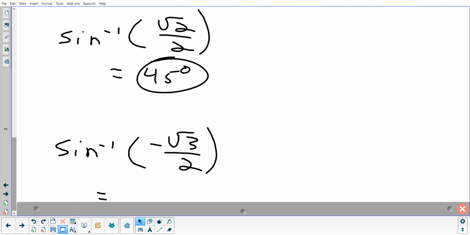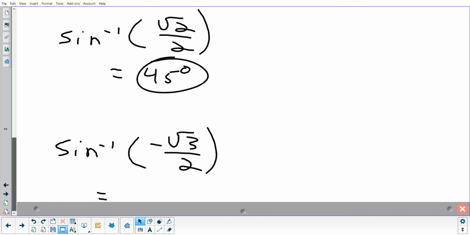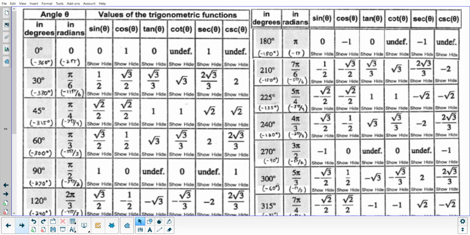Negative root 3 over 2. I see root 3 over 2's all over the place in this chart, so you should be able to find it. And remember, you're looking for negative root 3 over 2. If you accidentally do positive root 3 over 2, it's not going to come out right.